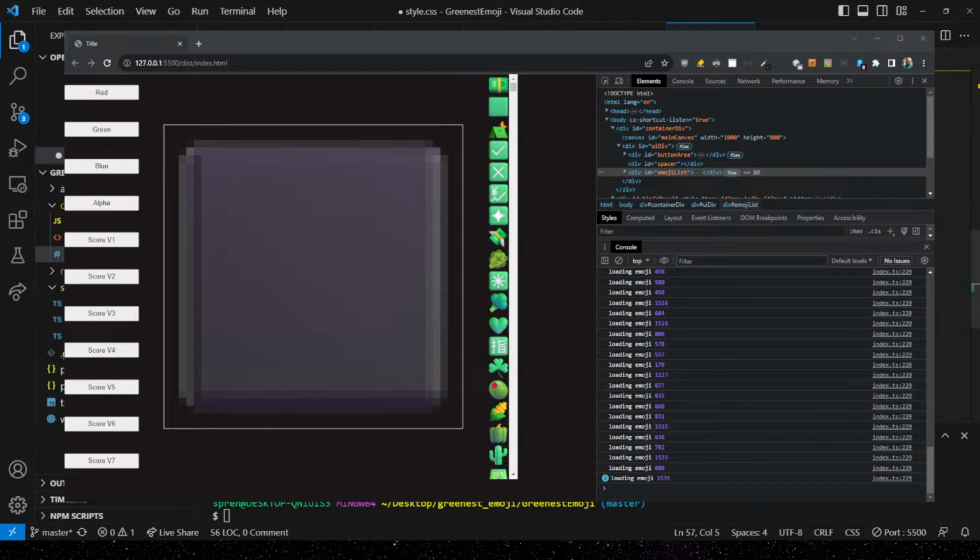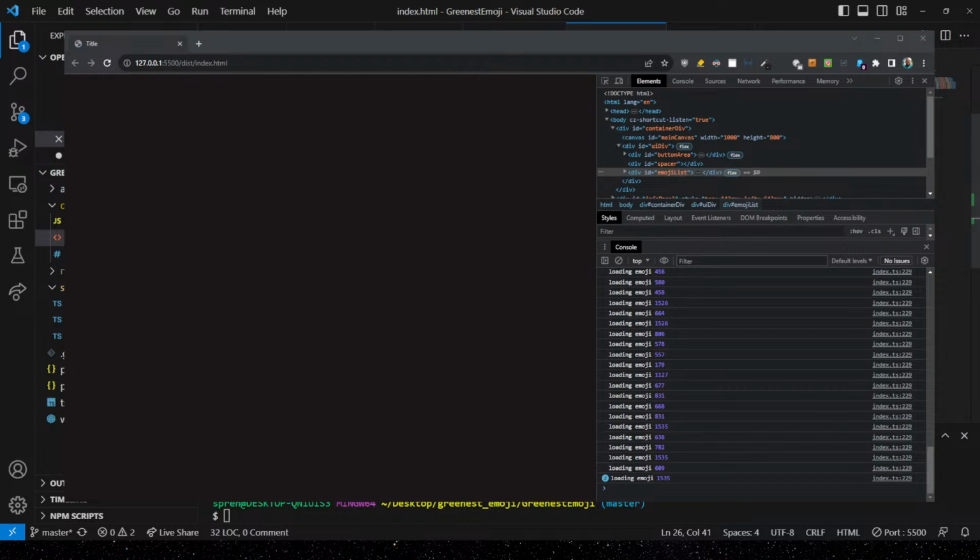That doesn't look right. I suppose I can just put the buttons in there.